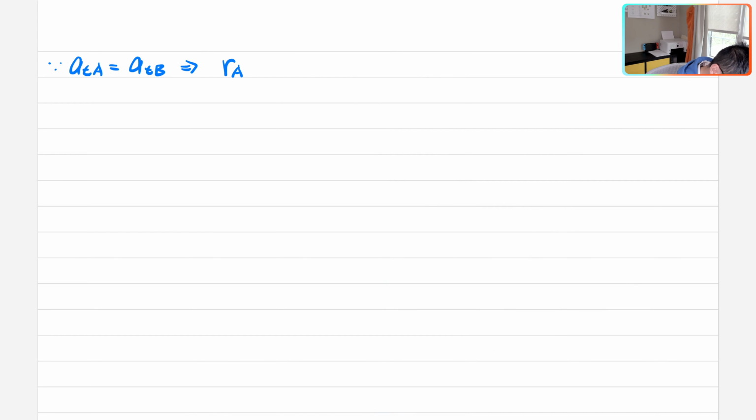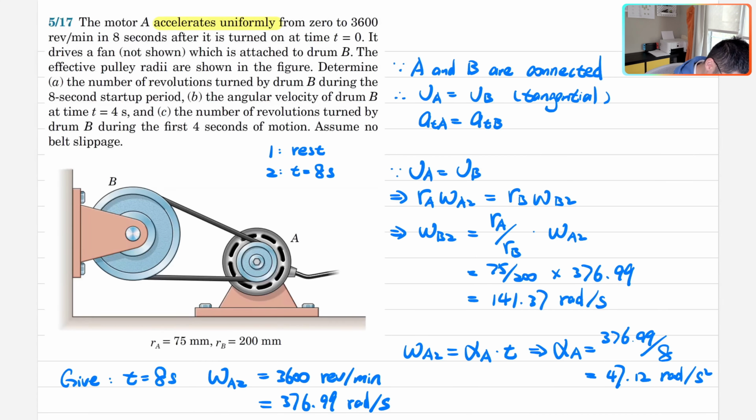It's given by the equation here, r A alpha A equals r B alpha B. In this case, we are having uniform acceleration. That means alpha A and alpha B will remain the same throughout the process. We don't need to worry about varying angular acceleration.